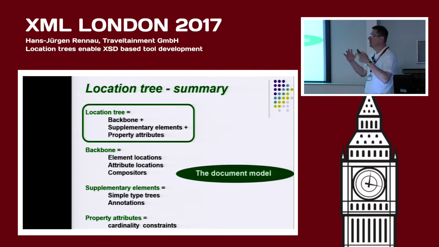It is a tree of elements and attributes, and compositors like choice and sequence. Supplementary elements give you detailed information about simple types and annotations, and they are accommodated as child elements of the respective location elements. And we have property attributes.